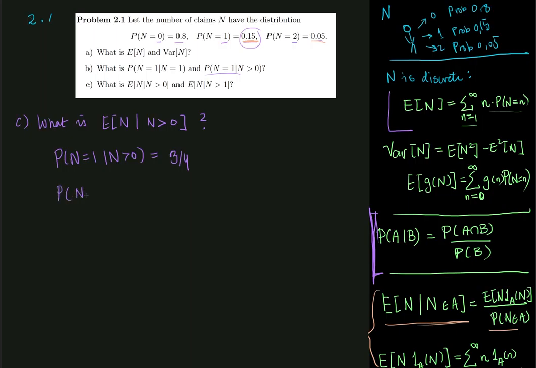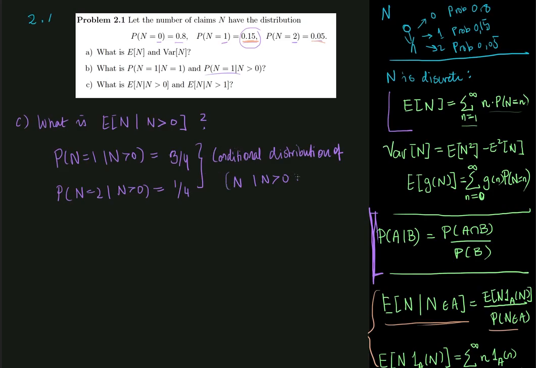So, since given that n is greater than 0, n is either 1 or 2, then n being 2 is just a complementary event, which has probability 1/4. This is the conditional distribution of n given n greater than 0.